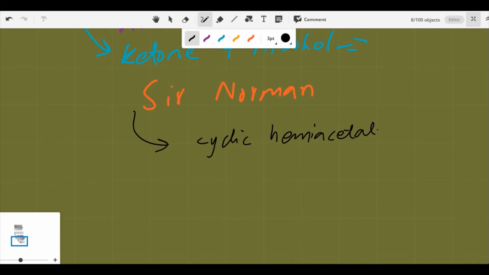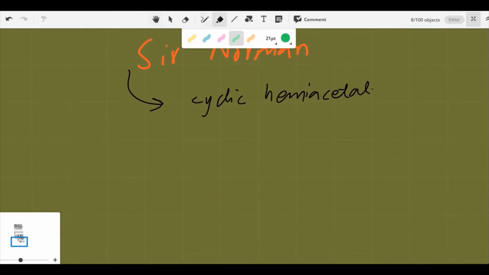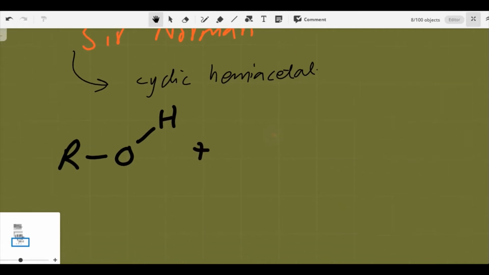First of all, you have to know what is meant by hemiacetal. As I already discussed, an aldehyde reacts with alcohol to form a hemiacetal. Here I am going to make the alcohol structure first, that is ROH, reacting with an aldehyde.